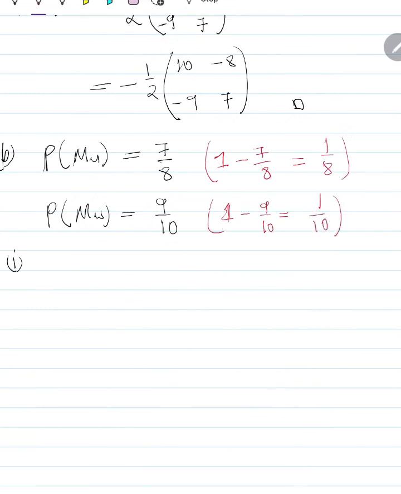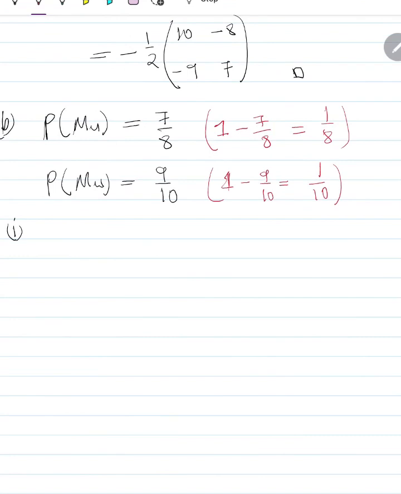Okay, so this one has a probability of 7/8 to be selected and 1/8 not to be selected, then 9/10 to be selected, and the chance of not being selected is 1/10.